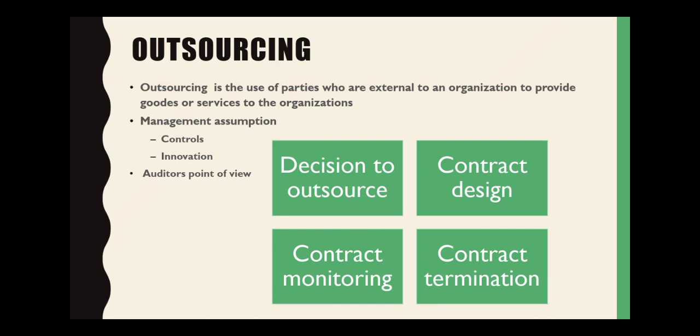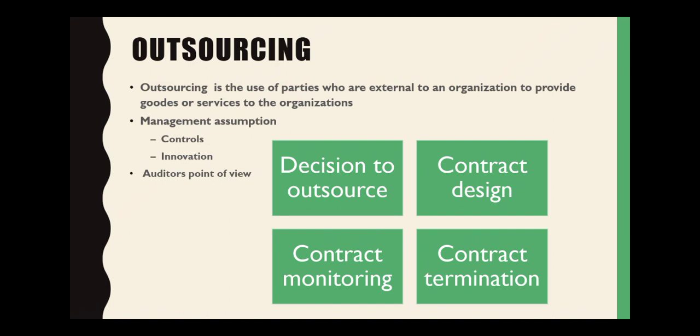And then the next is contract design. The auditor should help evaluate the suitability of outsourcing contract provisions in relation to finance, audit rights, performance, and vendor relation and control.